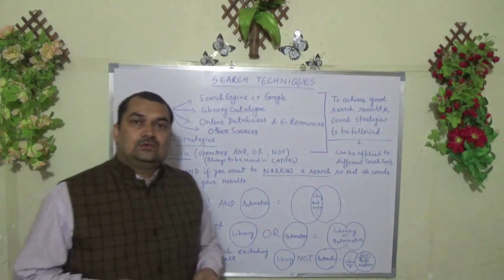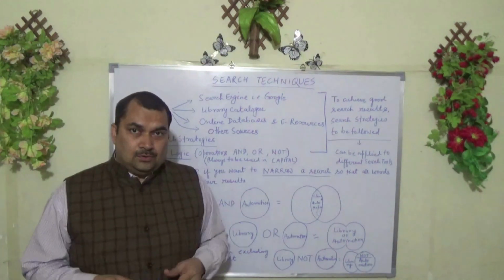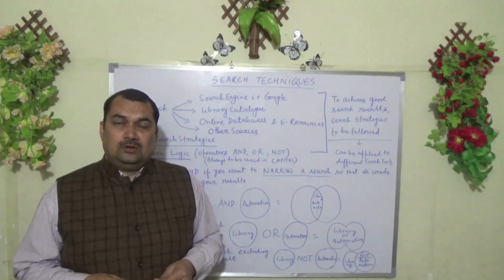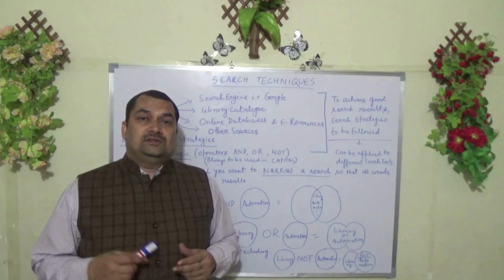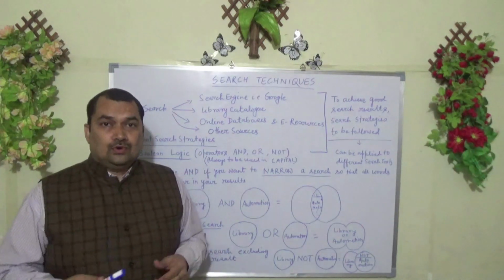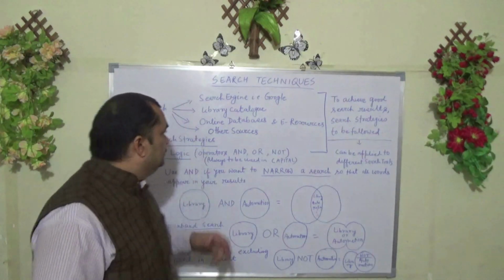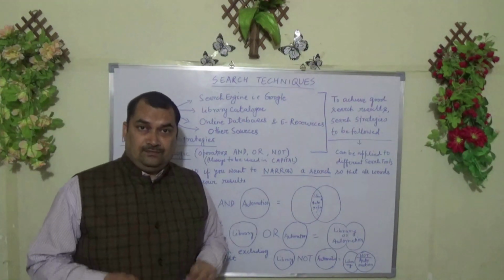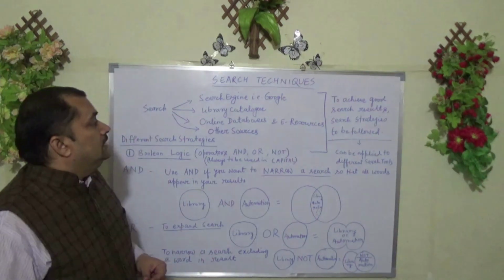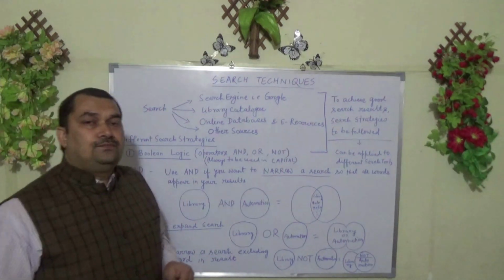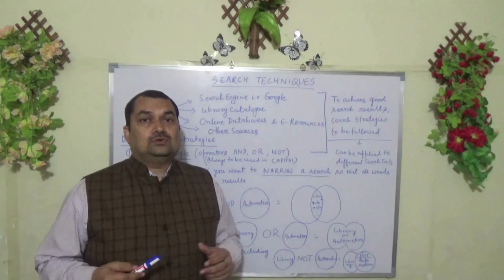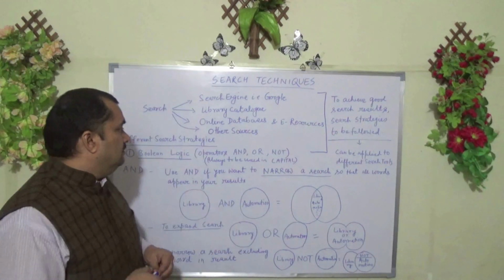There are some other sources also where we approach, sometimes offline content, or sometimes bound volumes, or sometimes even online with different resources. So these are the 3-4 areas where we target to search for information. Now, as I said, to get a fruitful result, we need to follow some strategies. So what are those strategies we are going to talk about?